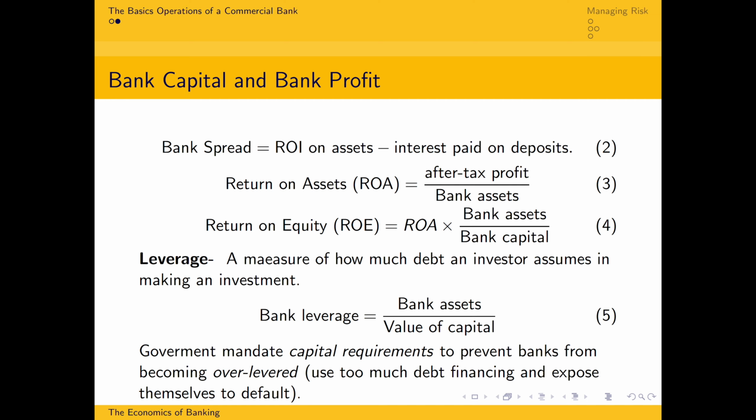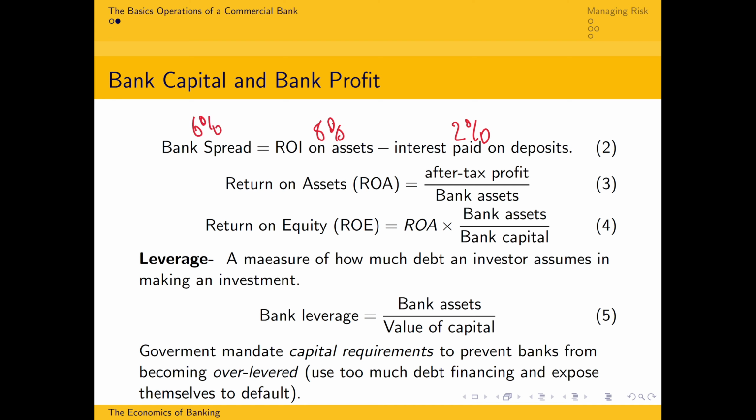The bank spread is basically their net operating return. So if their ROI on their assets is 8% and they have to pay 2% interest on their time deposits, but 0% on anything else, then the bank spread is 6%.